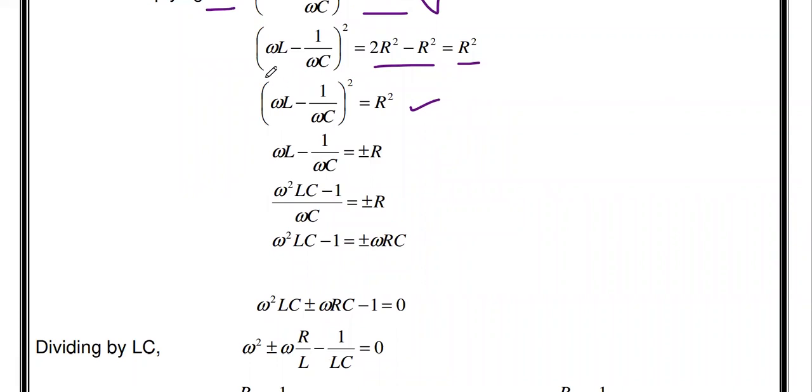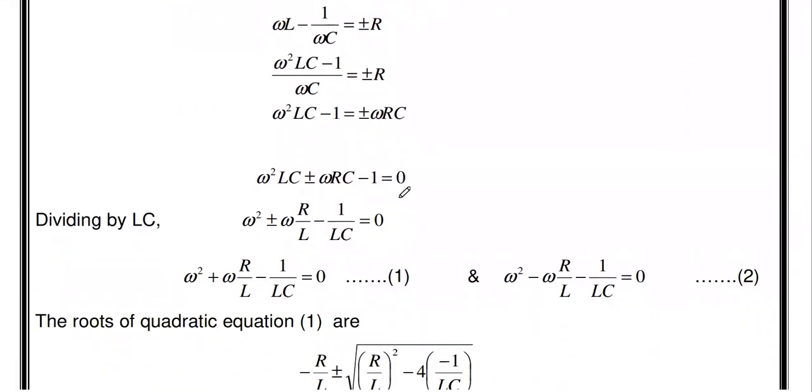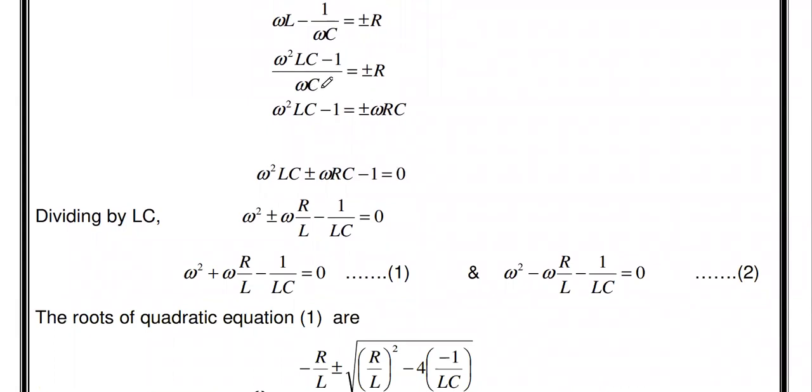Here, this part squared is equal to this part squared. In both cases you take the square root, so the square cancels. So omega L minus 1 by omega C equals plus R or minus R. Then you take the LCM on the left side: omega L into omega C, so omega squared LC minus 1 equals plus R or minus R, with omega C multiplied to that side.